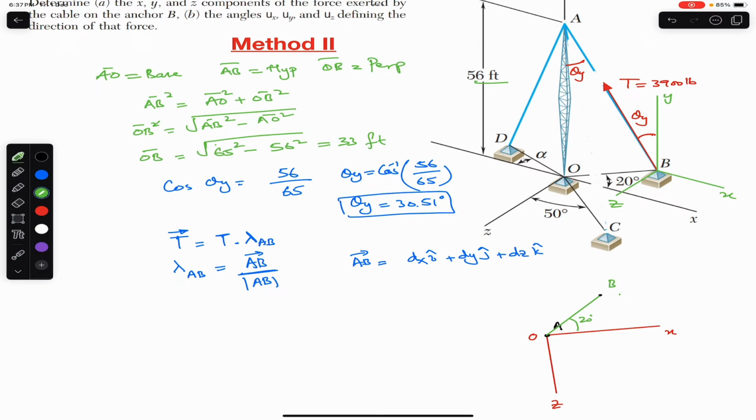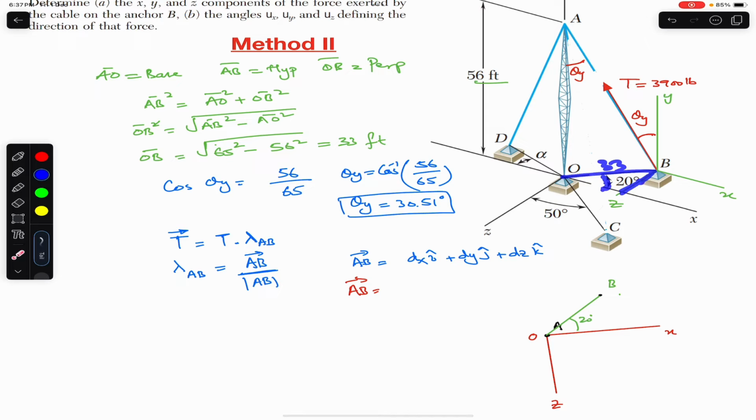So the position vector from A to B can be written as, first we will start from B, and we will travel this distance. This distance will be the sine component of this OB. We need to consider this right angle triangle. We know the length of OB. So OB is 33 and this is 20 degrees. So this will be the sine component.